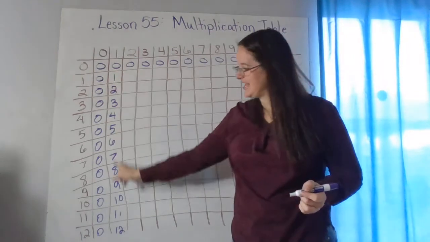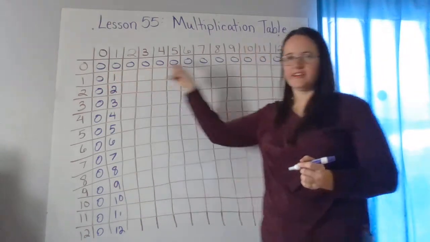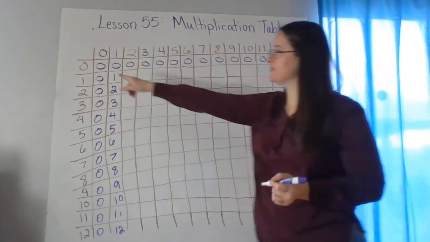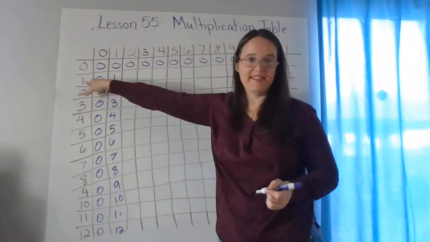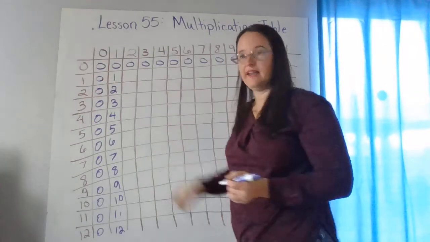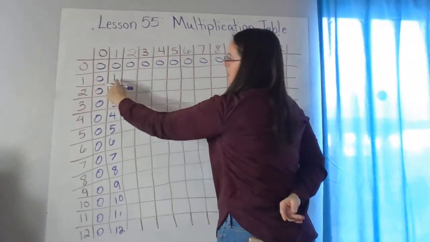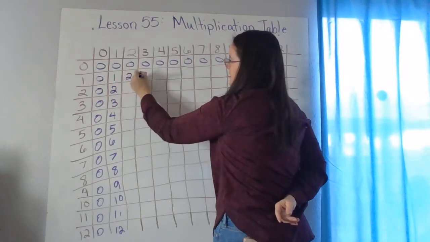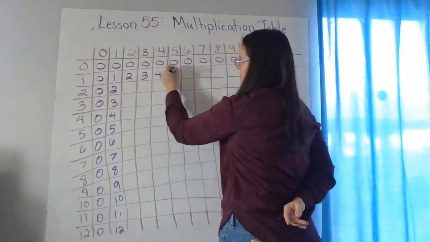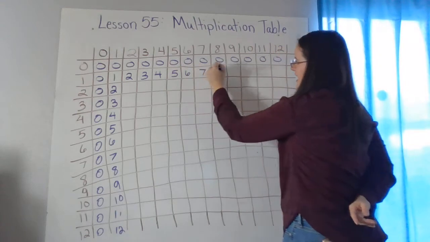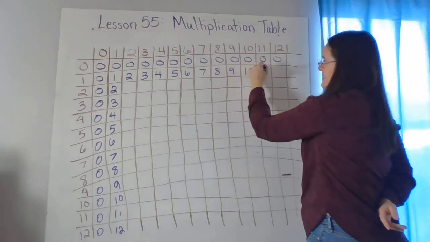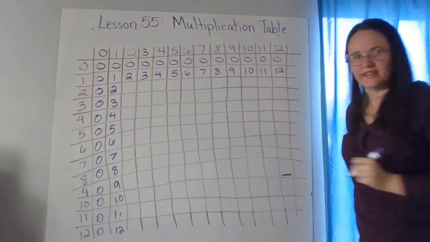And I went down the column, but I could have started across like I did with my zeros because it's going to be the same way. In this row here, I'm counting by ones. 0, 1, 2, 3, 4, 5, 6, 7, 8, 9, 10, 11, 12.